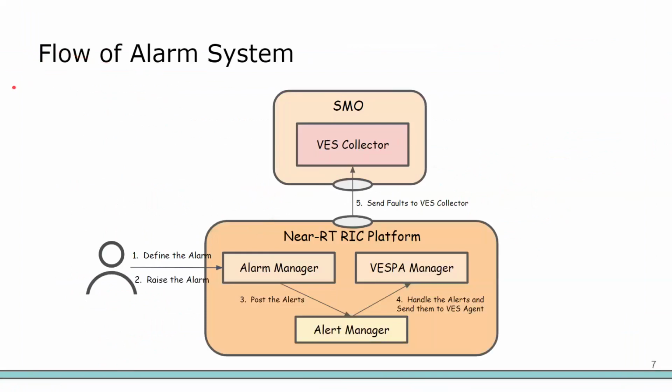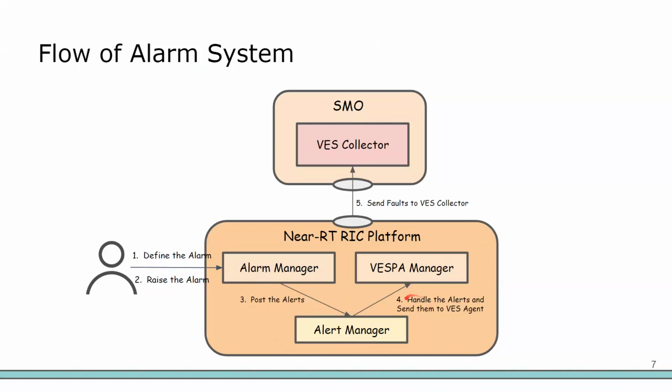This is the flow of testing the alarm system. Step one, we need to define the alarm message, and second, we need to raise the alarm. Third, the alarm manager receives the raised alarm and posts an alert to the alert manager.